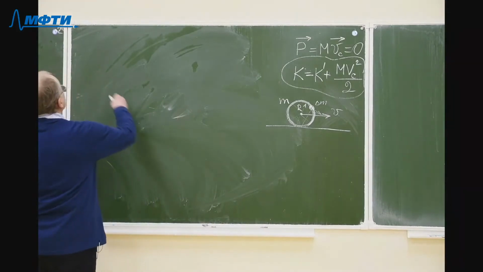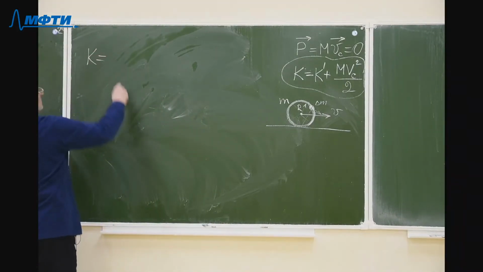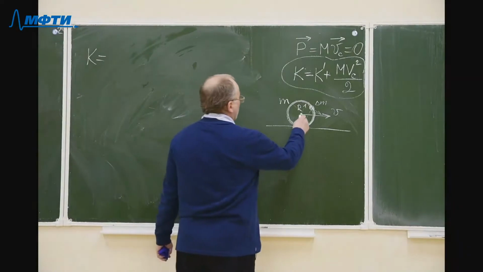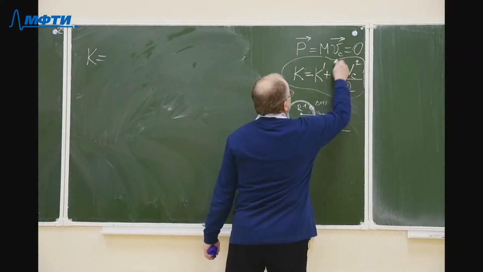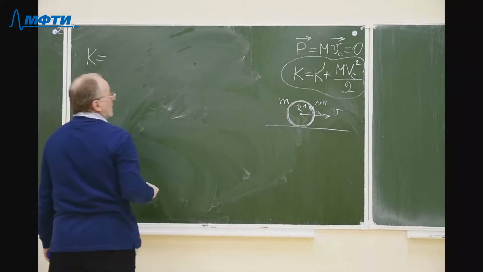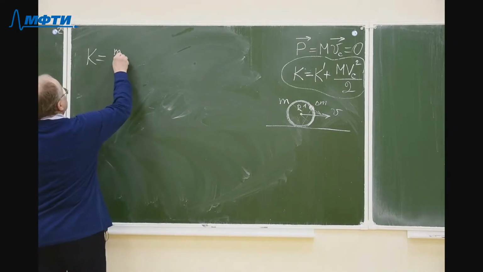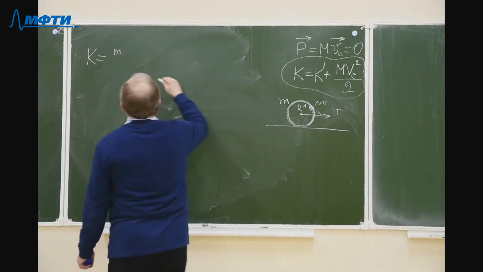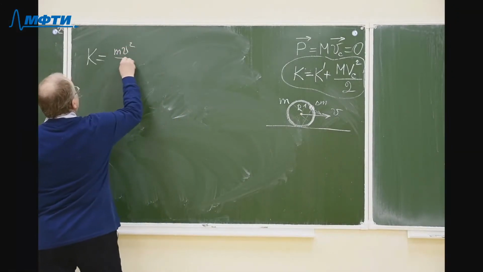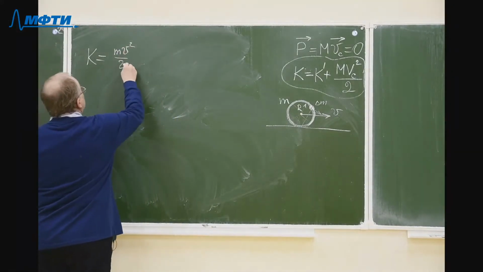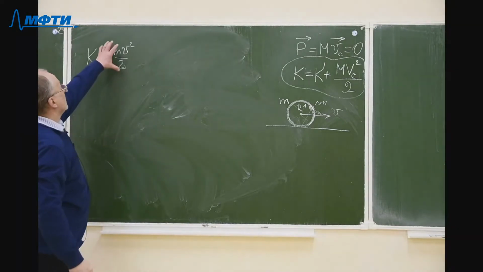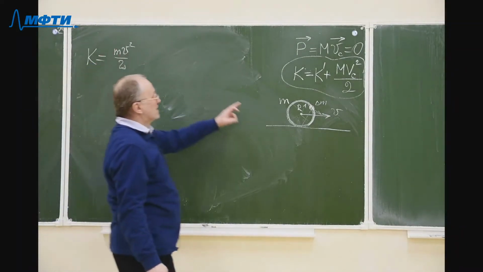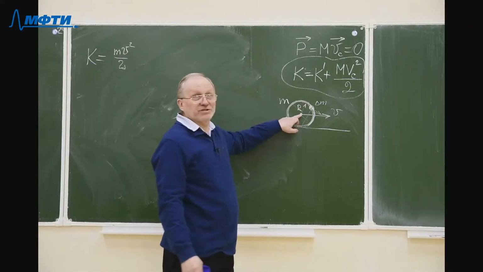So, according to Koenig's theorem, the kinetic energy of such a wheel equals what? The first term is the total mass and the velocity of the center of mass, which is given here, mv squared over 2. That is the kinetic energy of the wheel as if all the mass was concentrated in the center.